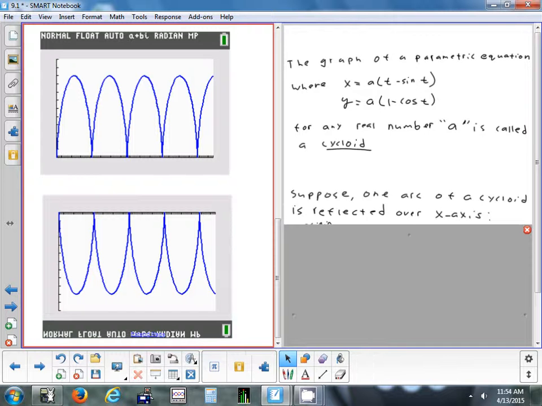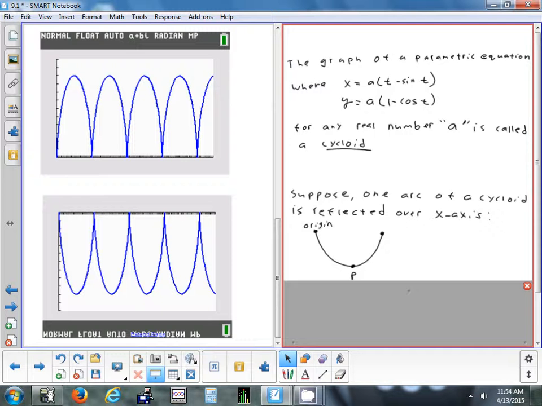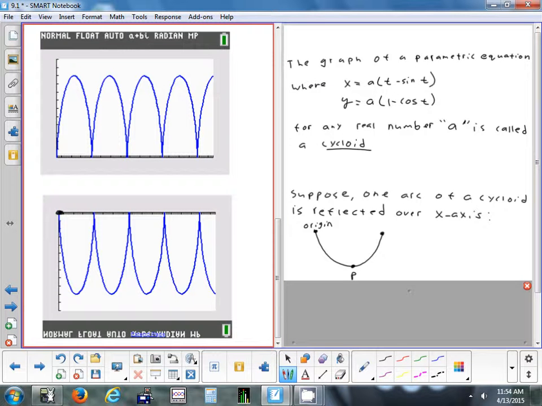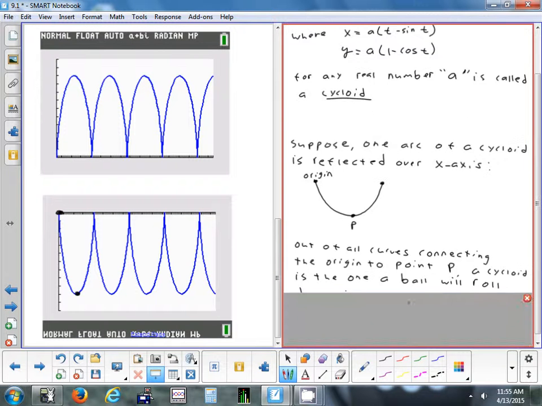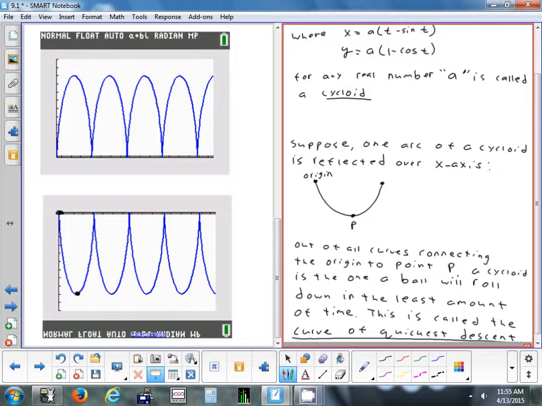Now we've got these kind of U-shapes. Well, if you had an object at this point, and you wanted it to reach this point by rolling down some kind of track, an inverted cycloid, that shape, basically gives you what's called the curve of quickest descent.